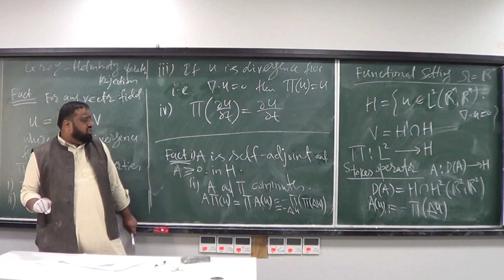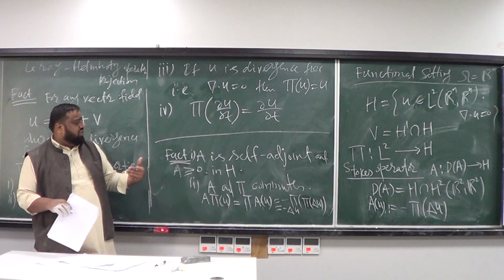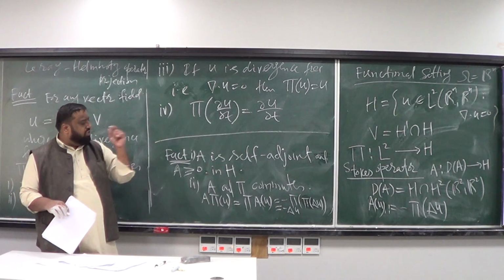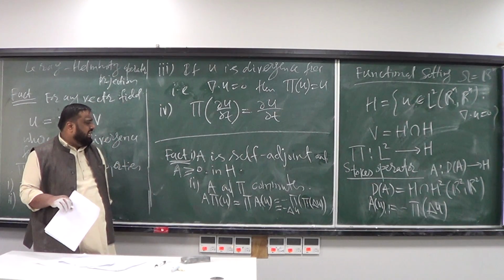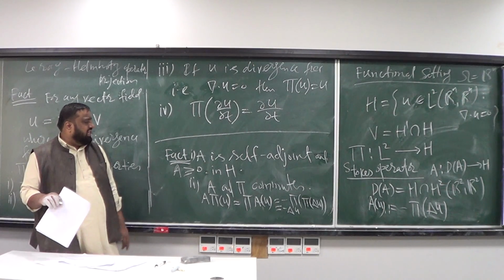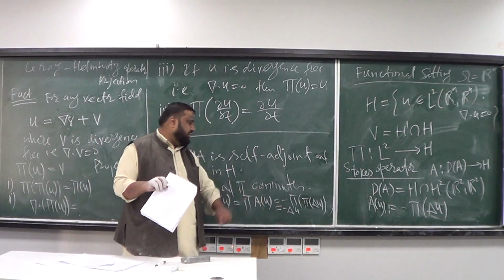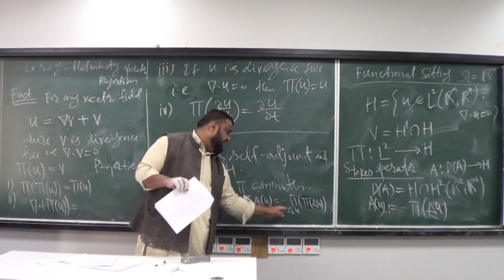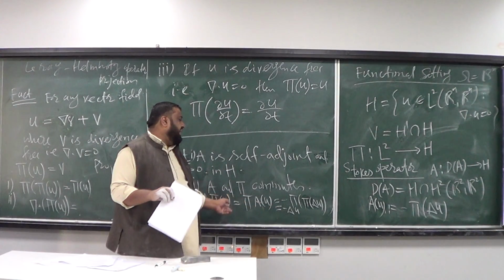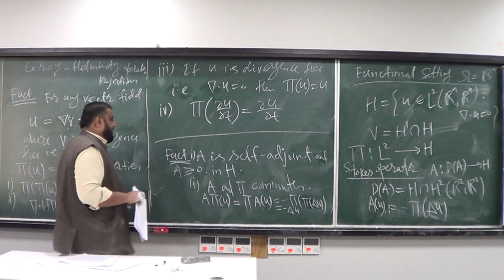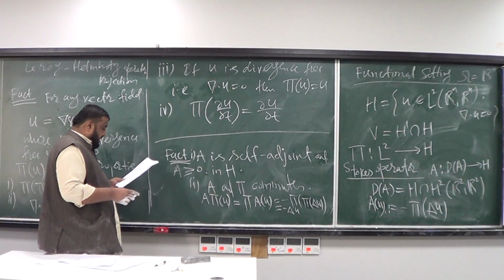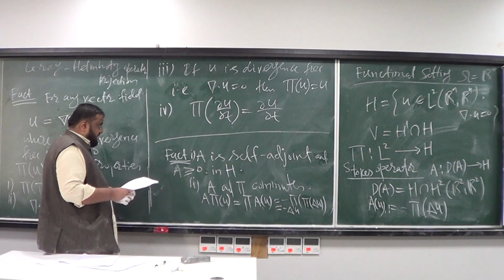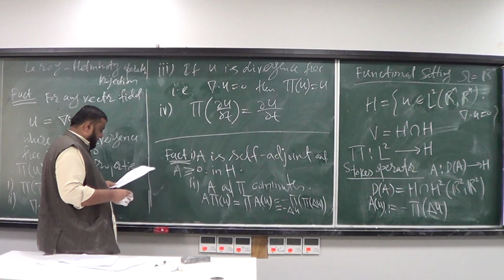So whenever A is operated onto pi u in the full space setting case, it's going to give you minus Laplace u, and A and pi commute. This is really the corollary to the fact that A and pi commute. So this is the second condition.